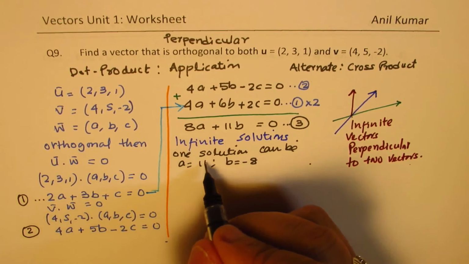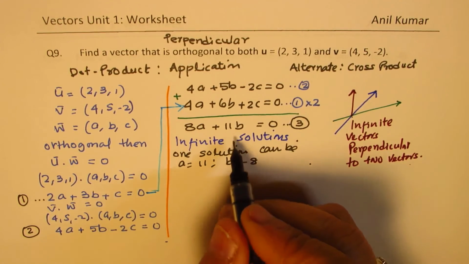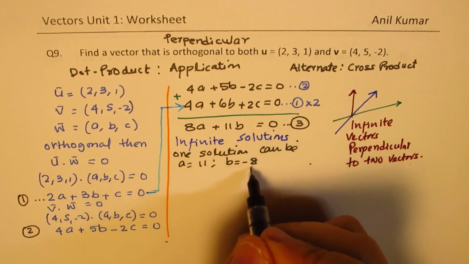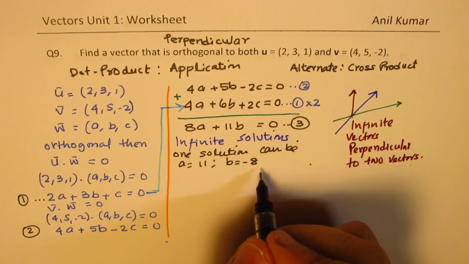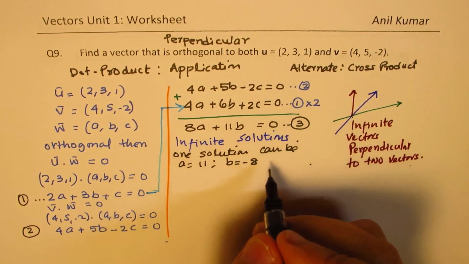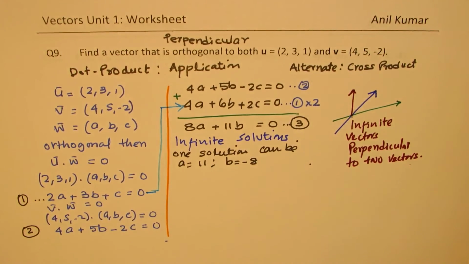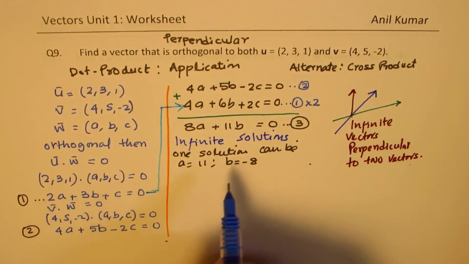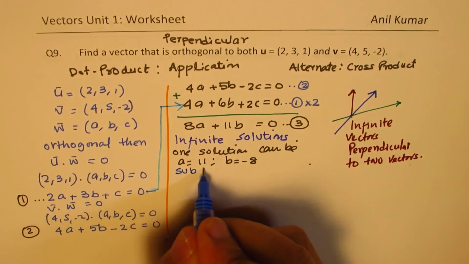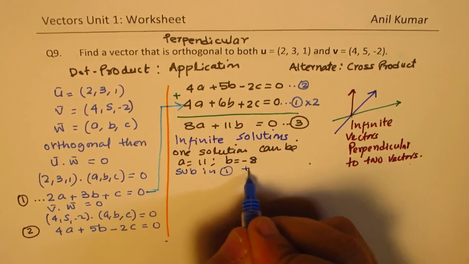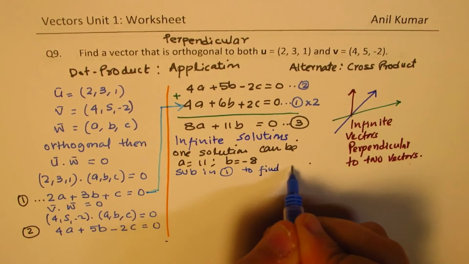If you substitute 11 for a and minus 8 for b, you get 0, right? So we get these values. Now from here we can substitute these values in equation 1 to find c.